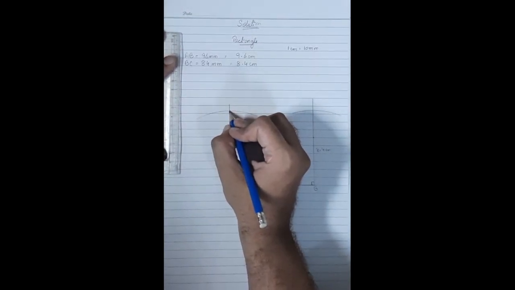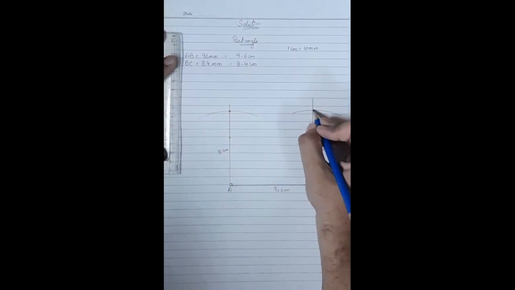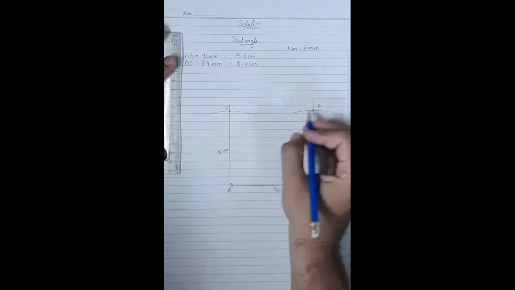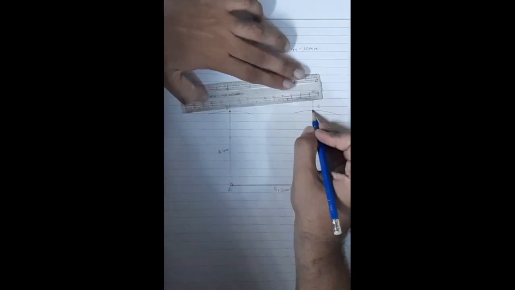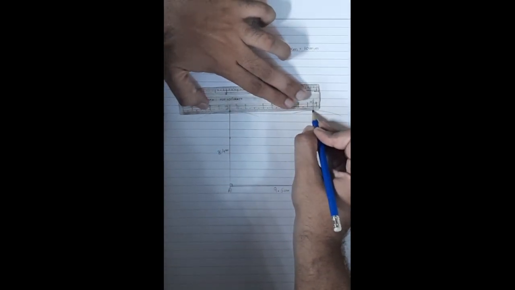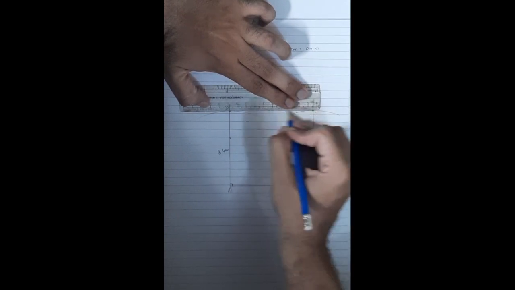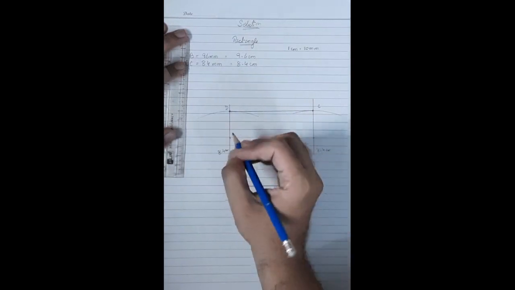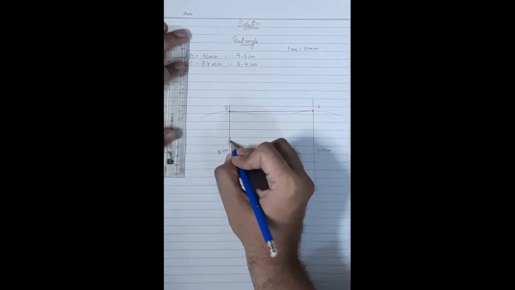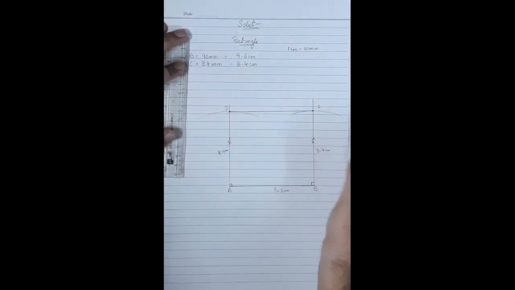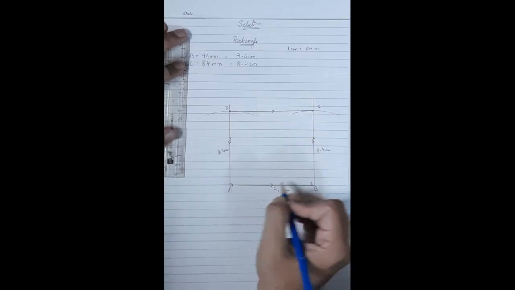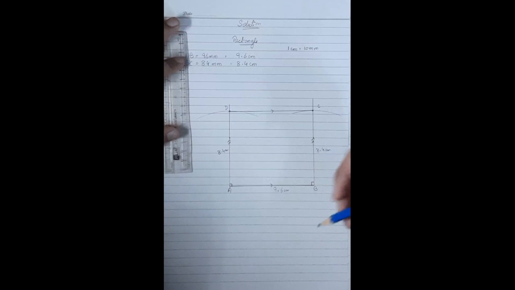Now this point and this point are C and D. From here we can join CD and complete our rectangle, where these two sides are parallel and equal, and these two sides are parallel and equal. So this is how you obtain a rectangle.